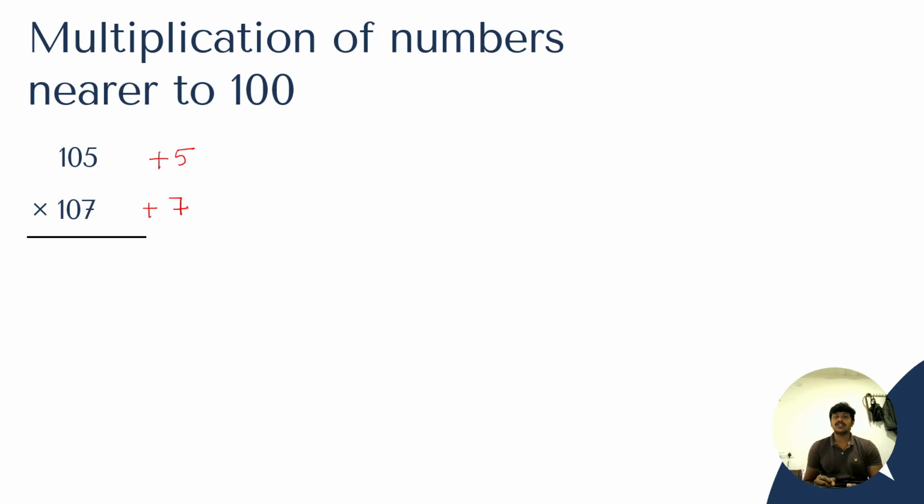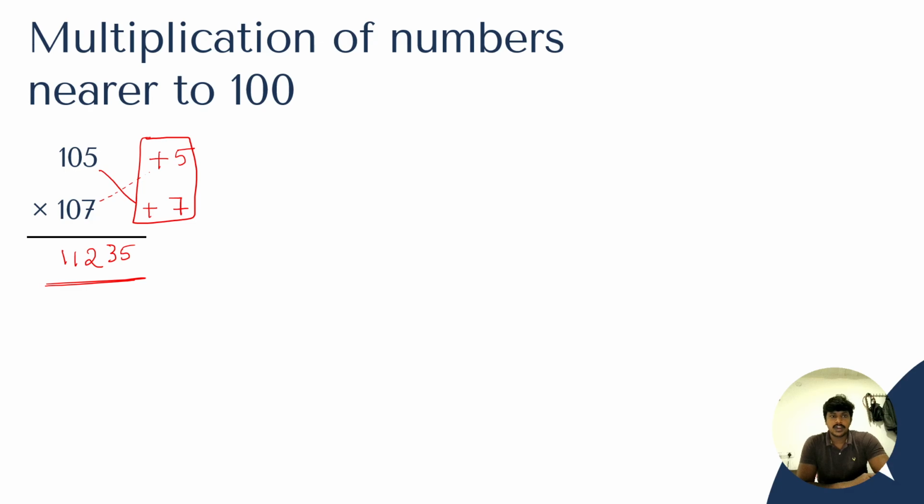There you take the cross difference because of the minus sign, but here we take the cross sum, like 105 plus 7, or 107 plus 5. In both cases you get 112. That is the first part of your answer. For the second part, simply multiply the extra numbers: 7 fives, 35. That gives you your answer directly.